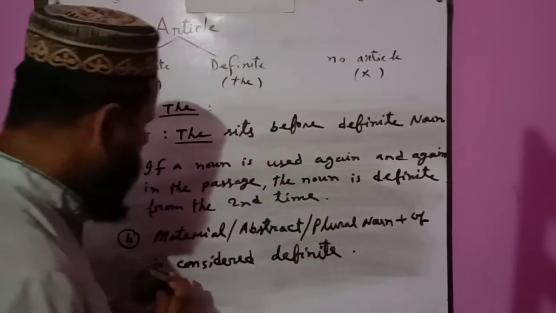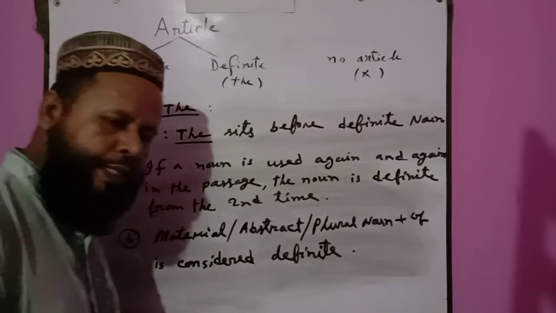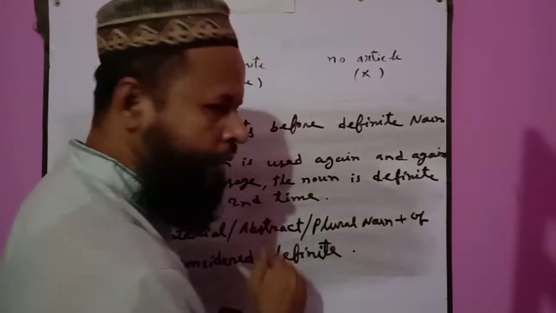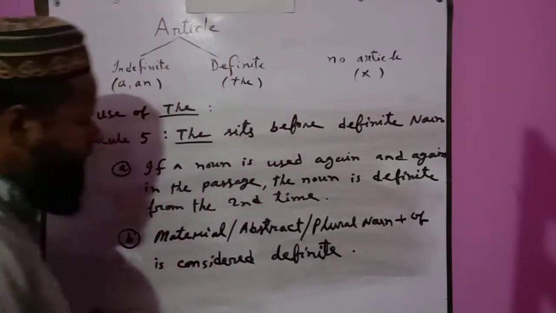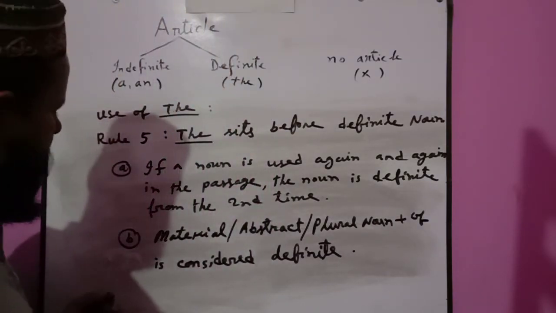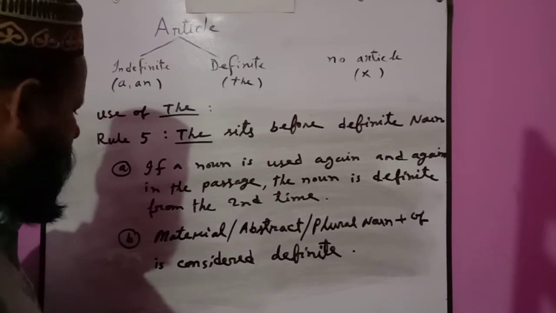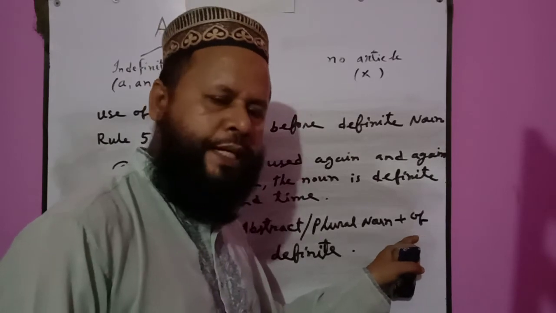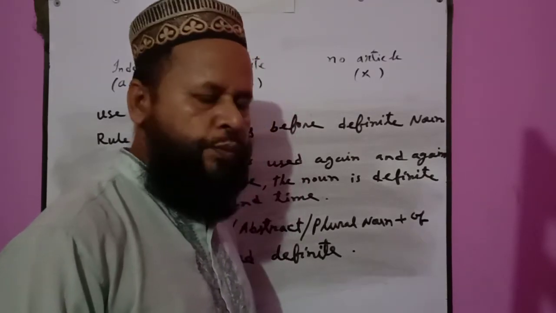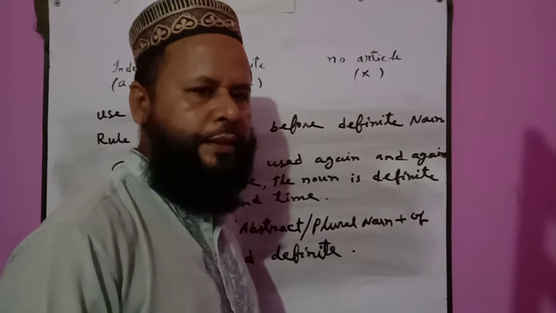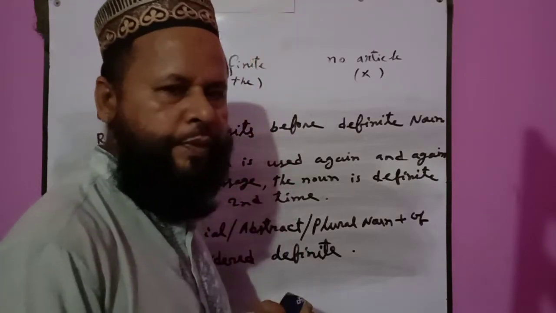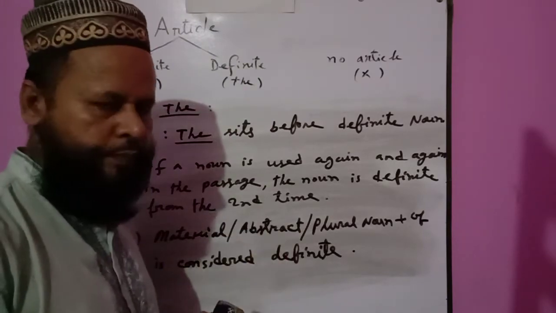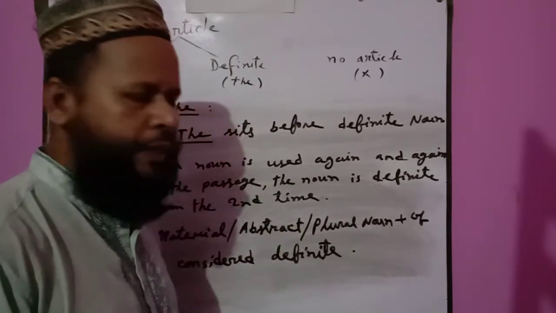So we shall use the before material or abstract or plural noun if there is of after this noun. But if there is no of after material or abstract or plural noun, we cannot use any article before this noun. No article will be used before material, abstract or plural noun unless there is of after the noun.